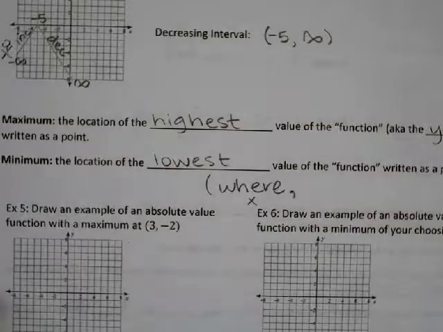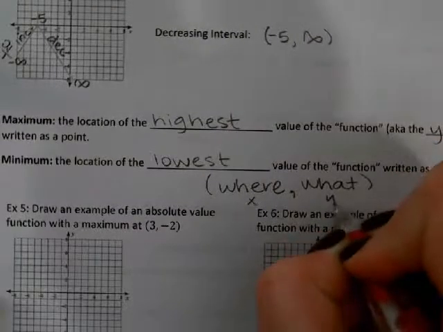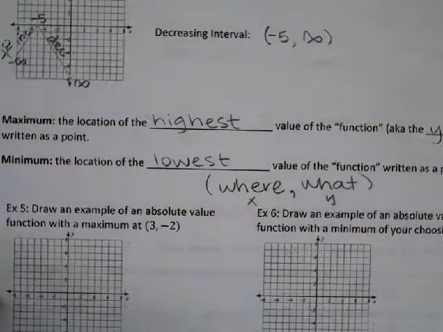If they want to know what it is, they want the y-coordinate. What is the minimum? How low is the minimum? How high is the minimum? Something describing what it actually is, they want the y-coordinate. If they want to know where it is, they want the x-coordinate, okay? But for us, typically, if I say, tell me what the maximum is, just give me both. Tell me the x, tell me the y, okay?